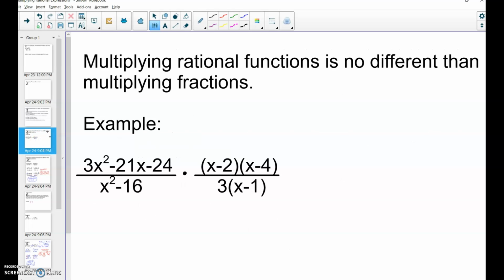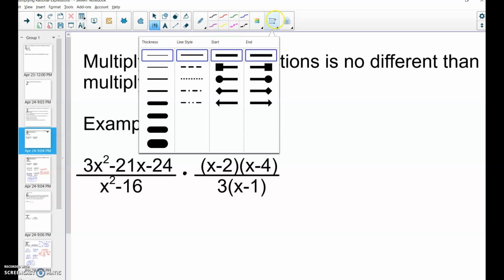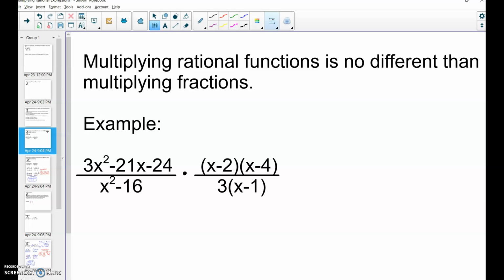For your example, we have 2 rational expressions here, or rational functions, because they have variables included. Our second fraction is already in factored form. Everything's already being multiplied together. But our first one is not, so we need to get this into factored form. So I'm going to factor out a 3 from everything on the numerator.